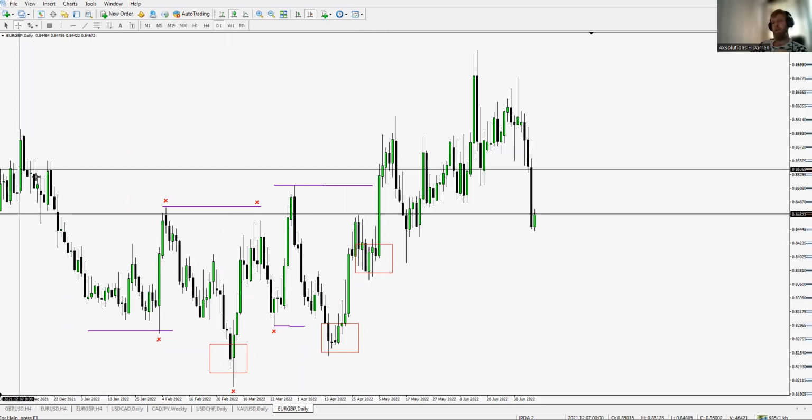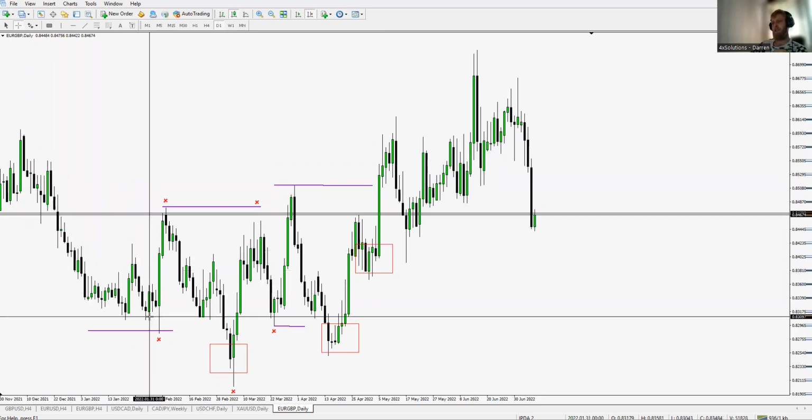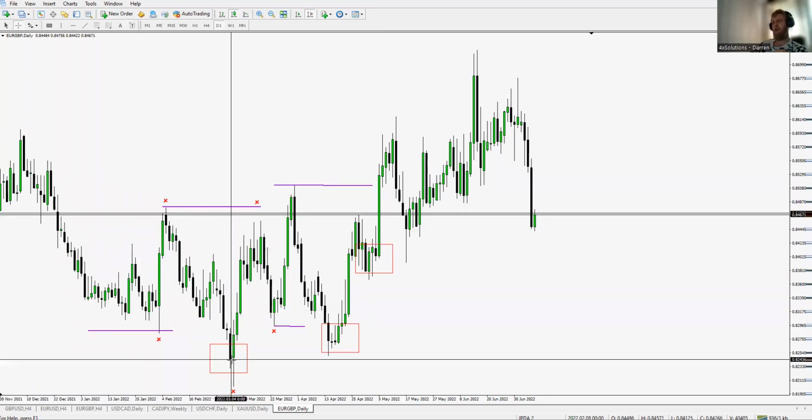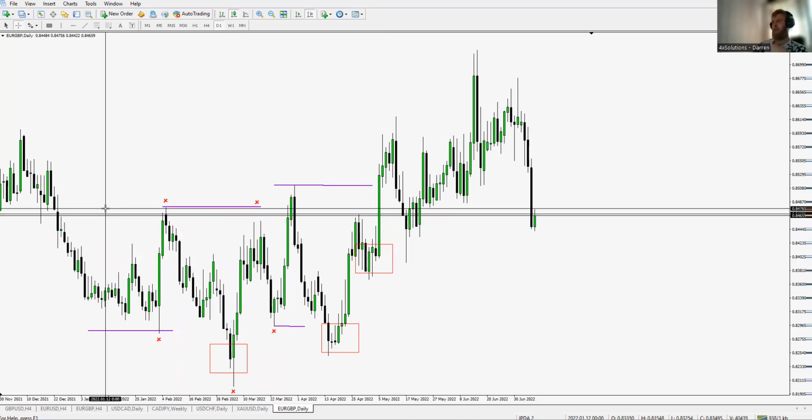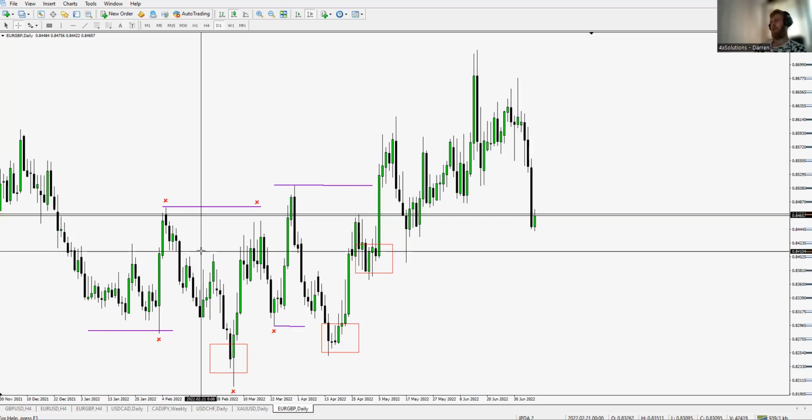There was an impulsive price action to the downside over here, and then price retraced and expanded lower. Depending on if you're a buyer or a seller, there are opportunities for everyone. Just know that we should be selling in a premium and buying in a discount.